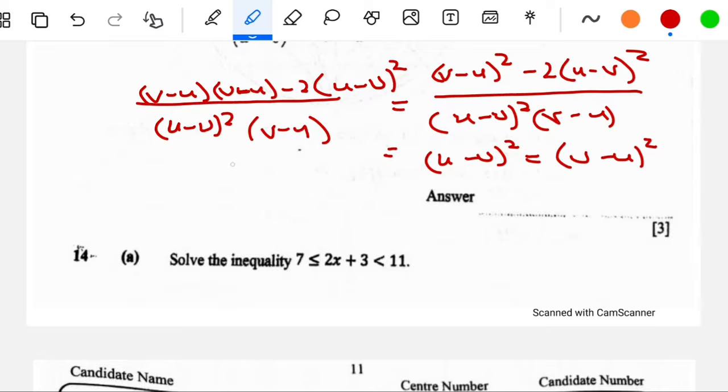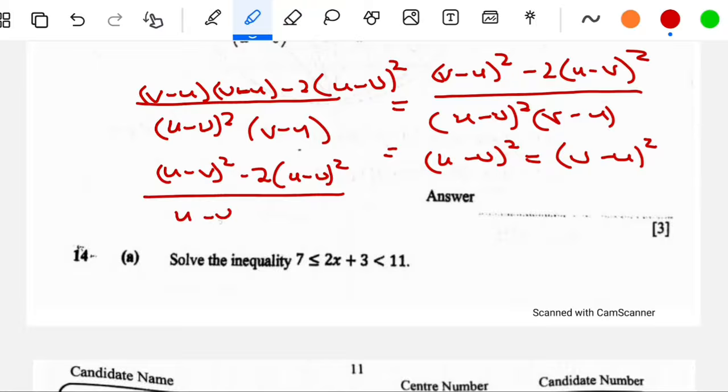With that knowledge, I can then say (u minus v) squared minus 2(u minus v) squared over (u minus v) squared (v minus u).